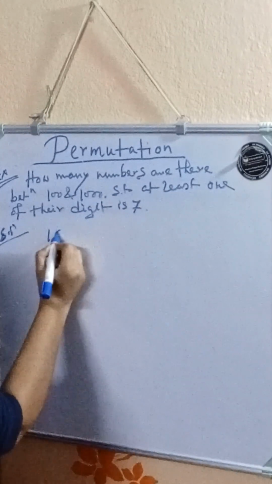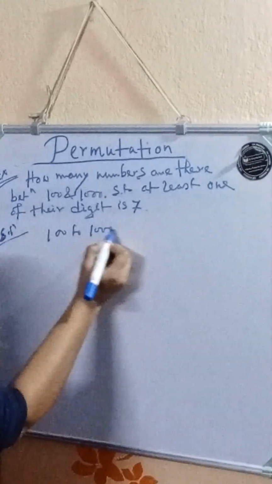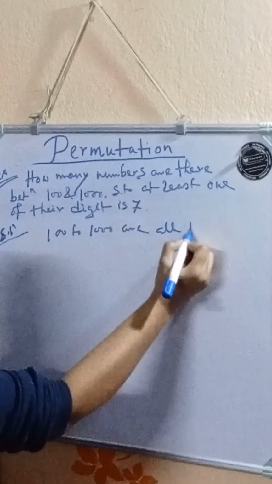The numbers between 100 and 1000 are all 3-digit numbers.